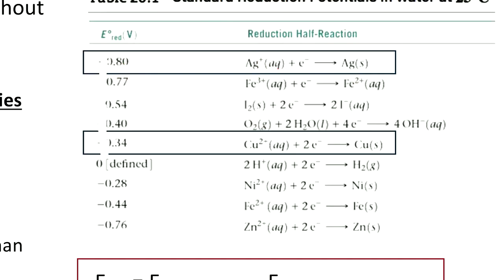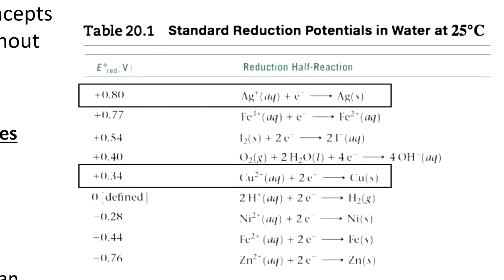So we see that some substances have very positive reduction potentials and some have very negative reduction potentials. In general, when a reduction potential is very positive, that's a very spontaneous or favorable reaction.